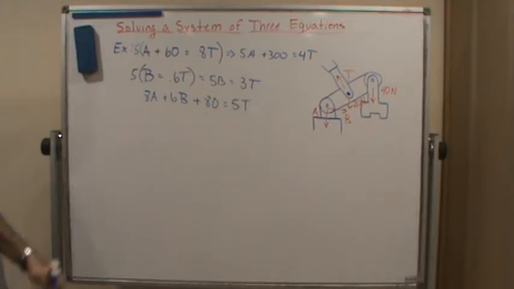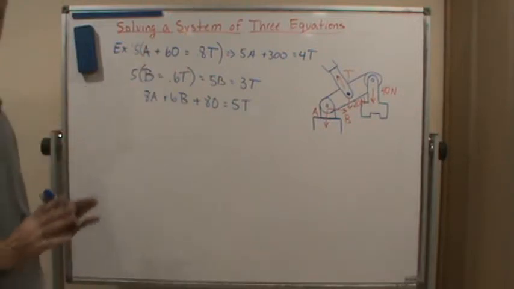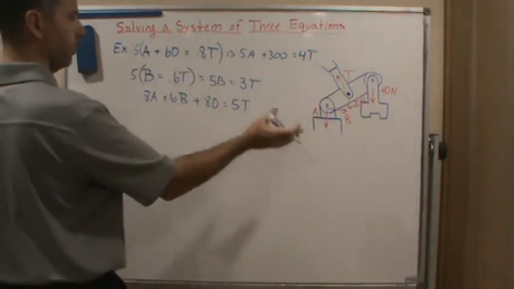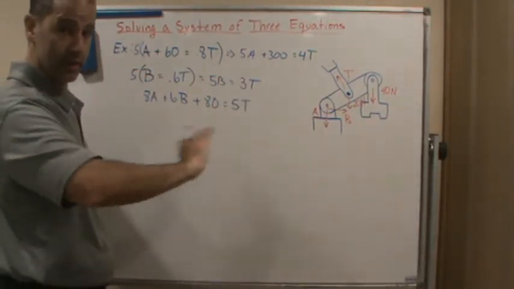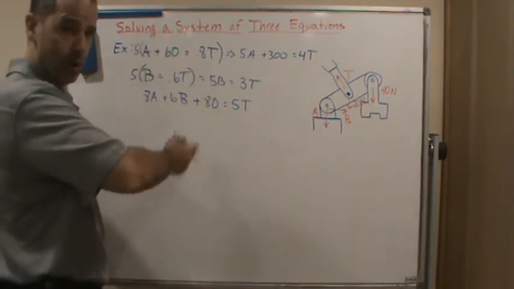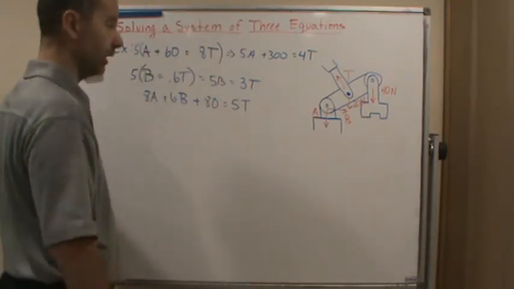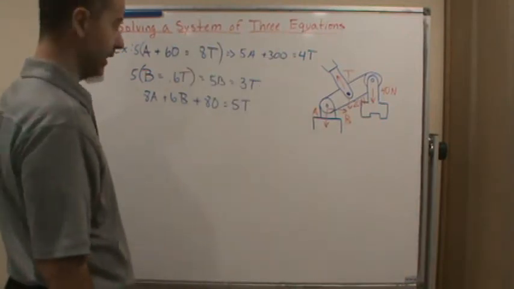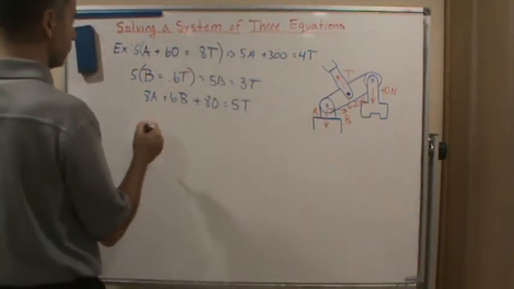And now what we're going to do is rewrite these so that it looks like the typical system of equations. We're going to move all of the variables to one side and list them in, let's say, alphabetical order. The order really doesn't matter as long as all the variables line up in columns. And then we're going to put all the constants on the right side of the equal sign.